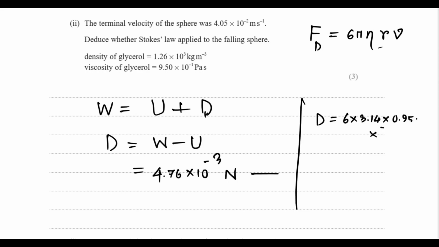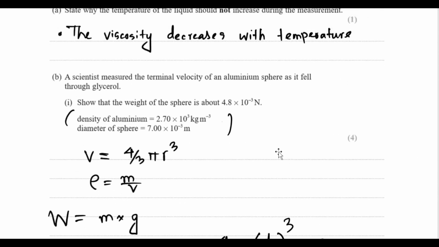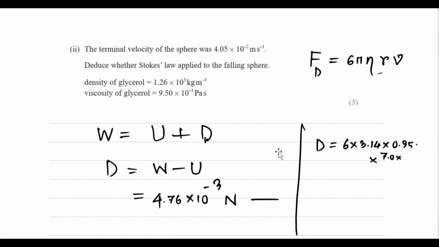R is the radius. Here diameter was given. Diameter is 7 into 10 to the power minus 3, divided by 2. V is the velocity. So terminal velocity is 4.05 into 10 to the power minus 2.